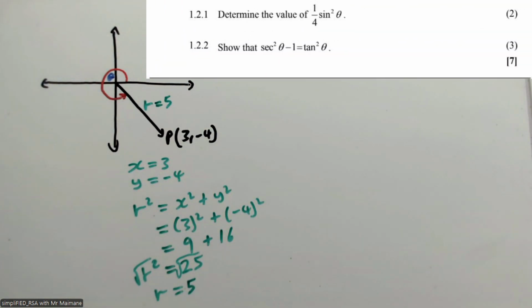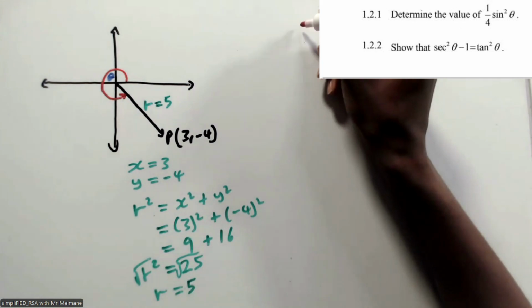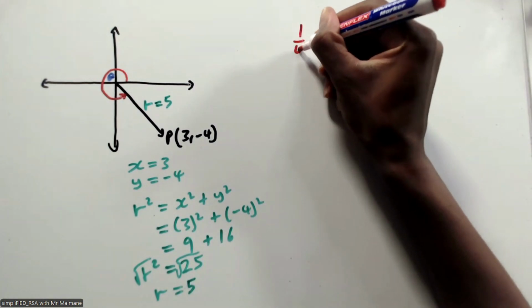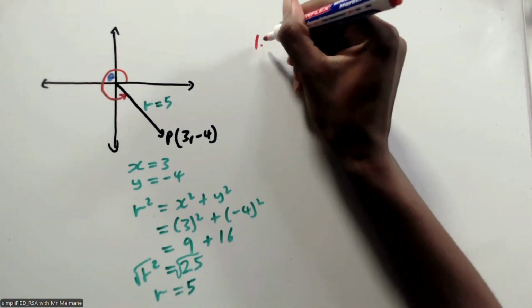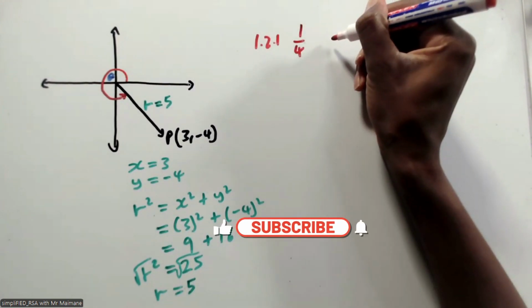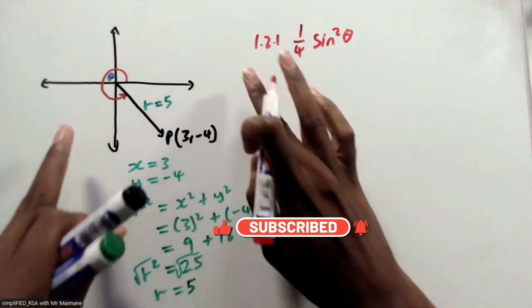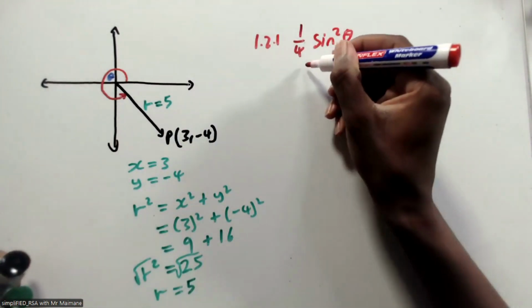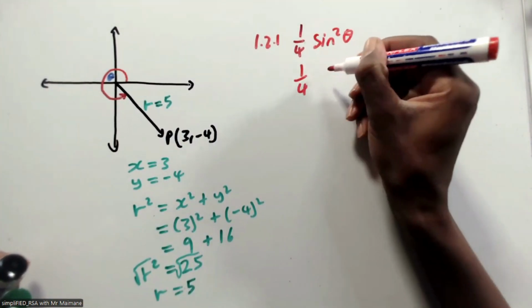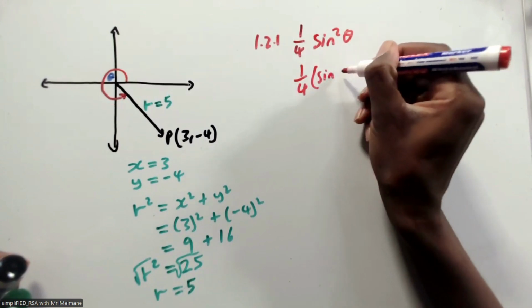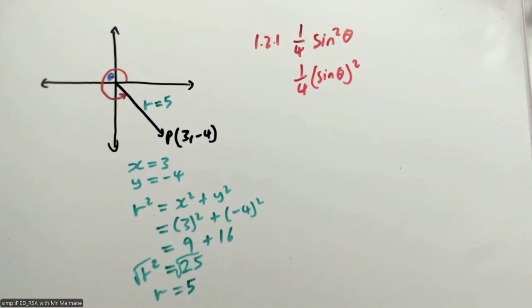And then now I'm on the right path to answer each and every question that was asked based on that. So the first question, I had to determine 1 over 4 sine squared theta. Let me just write the question there. So it's 1.2.1. I have to determine 1 over 4 sine squared theta based on this. This is the same as 1 over 4 sine theta squared. But what do I know in terms of x and y?